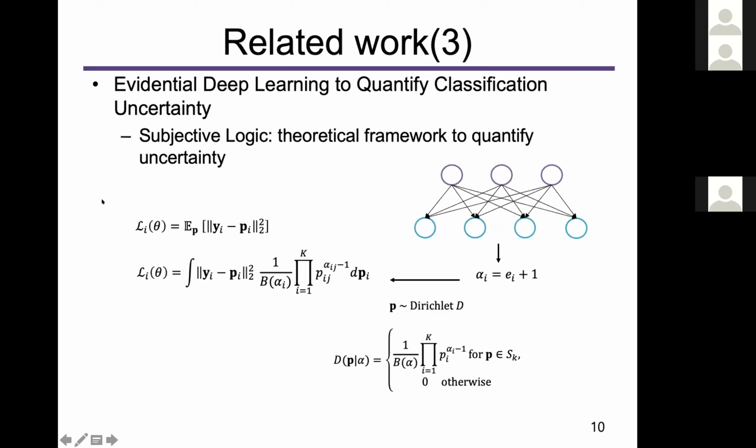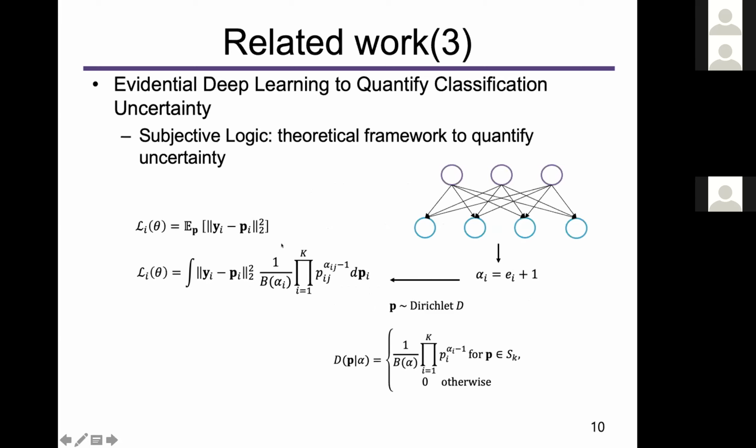So here's how we can train the model with this uncertainty and belief. In here, this evidence is the output of the softmax layer in the neural network, and we define alpha as evidence plus 1.